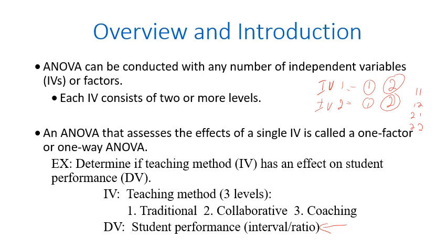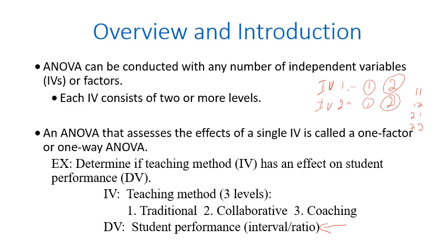However, we're interested in seeing if there's a difference between 3 different teaching methods. So we've got traditional, collaborative, and coaching teaching method. So our independent variable has 3 levels. So in a sense, now we're going to have 3 groups. One group or one sample is the traditional, another group is the collaborative, another group is the coaching. So we are making multiple comparisons, 3 comparisons, because we've got 3 different groups.